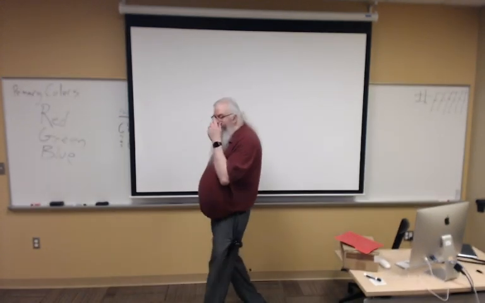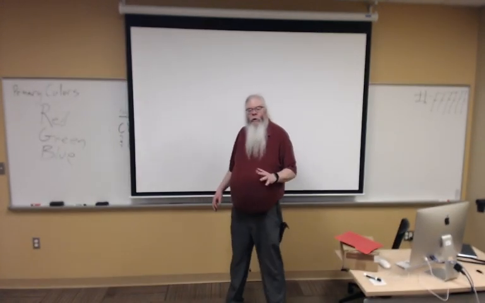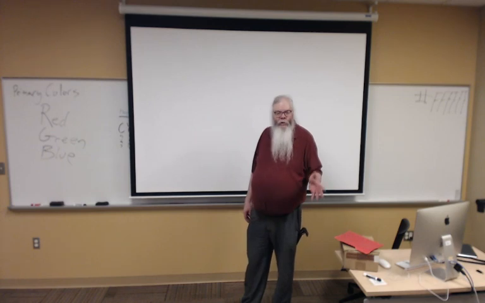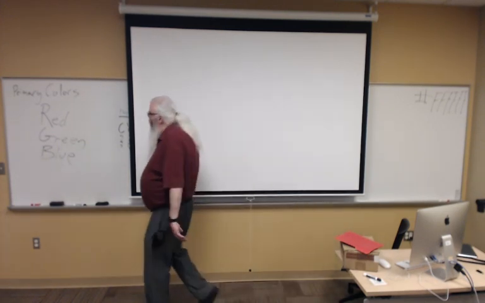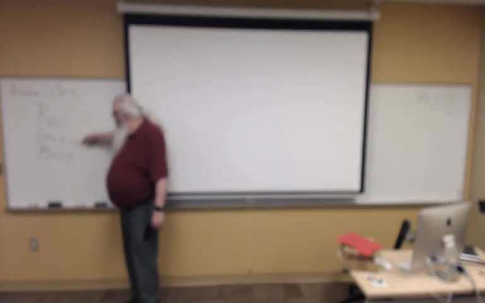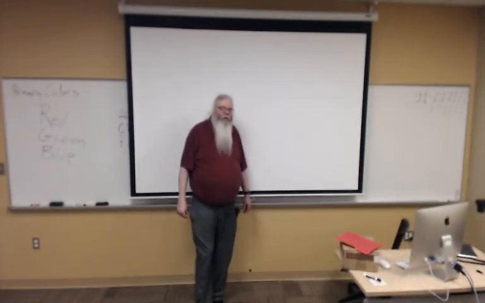So for the purposes of this class, for the purposes of everything that you do with the computer, from this point forward, the primary colors that you're dealing with are direct light, direct red, green, and blue. Those are the three colors that we get all of the other colors from.